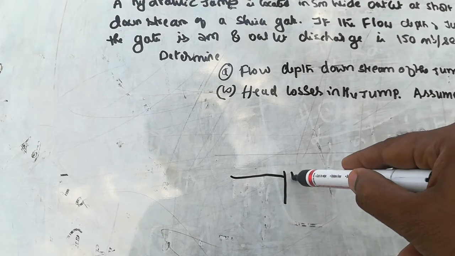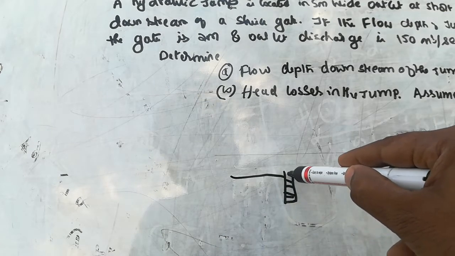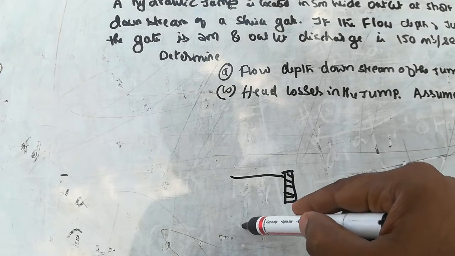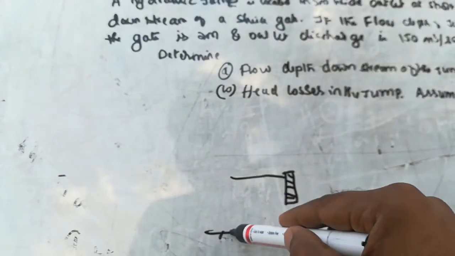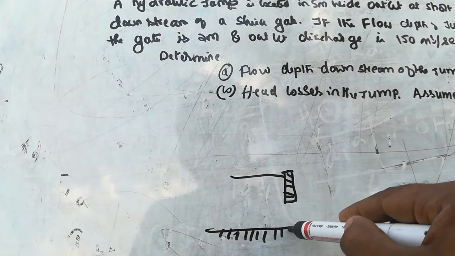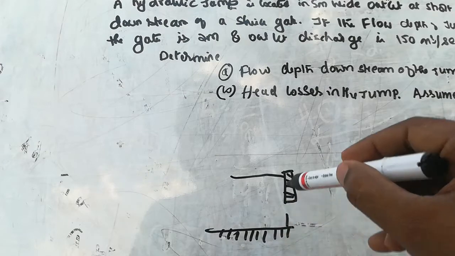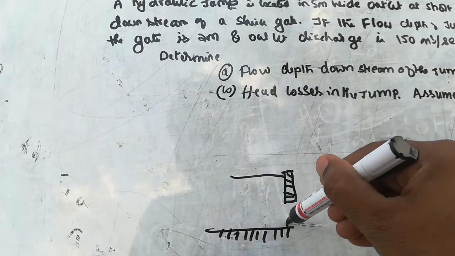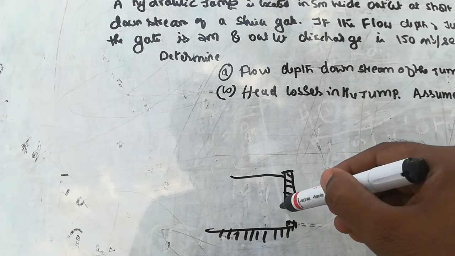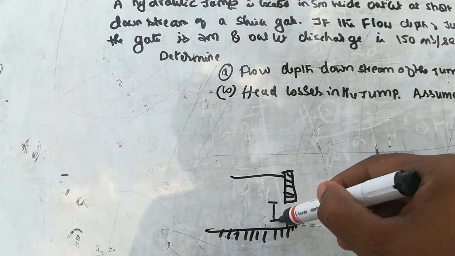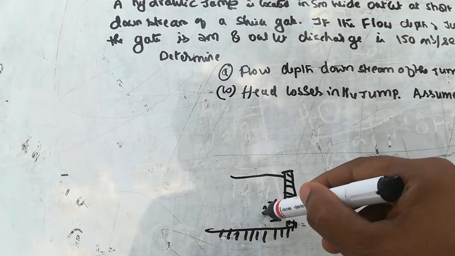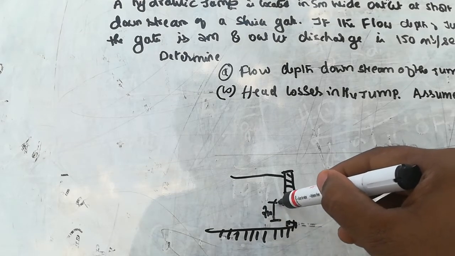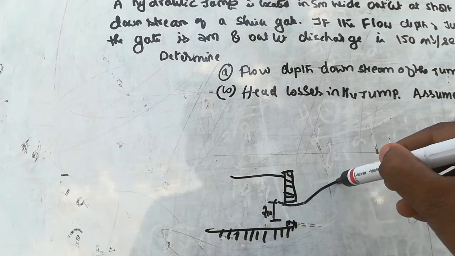This is one sluice gate, this is one outlet dam. Water is flowing in this direction.